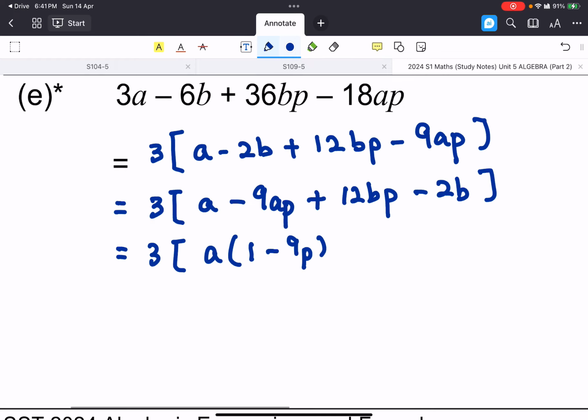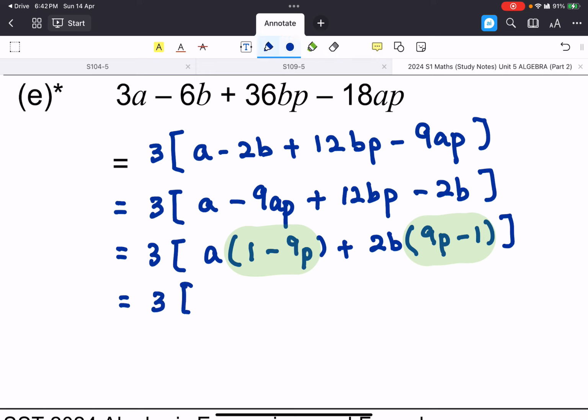Okay, let me just adjust my screen. And on this side, I will extract out 2b, and I will have 9p minus 1. And that's why the hexery is there, because the working is a bit long, right? What we need to notice is that this and this are basically the same, except that the signs are reversed. So what I'm going to do is flip them, right?